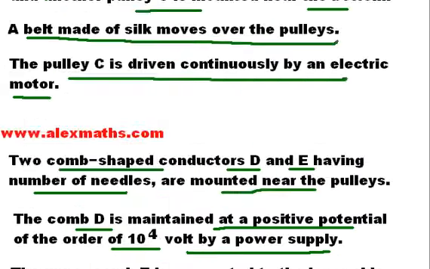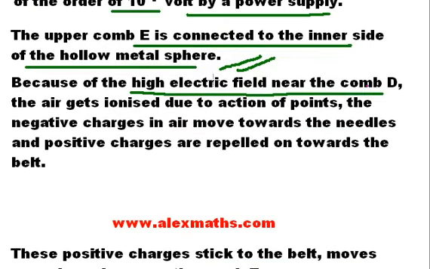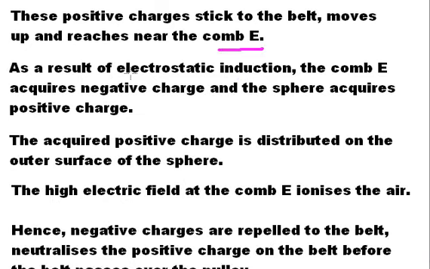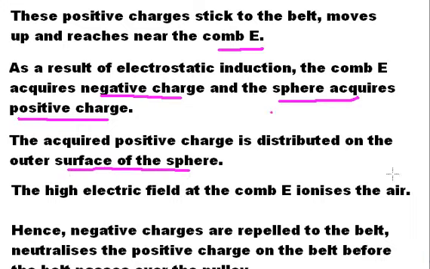Let us summarize: at high electric potential at the comb D, the air gets ionized due to the action of point. The negative charges in the air move towards the needle and the positive charge is repelled onto the belt. The positive charges reach the comb E. As a result, the comb acquires a negative charge and the sphere acquires a positive charge. Very simple. So the outer sphere has a positive charge.